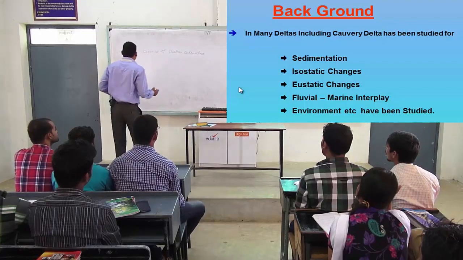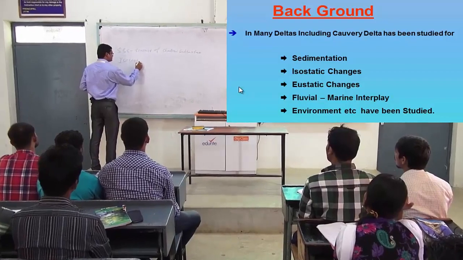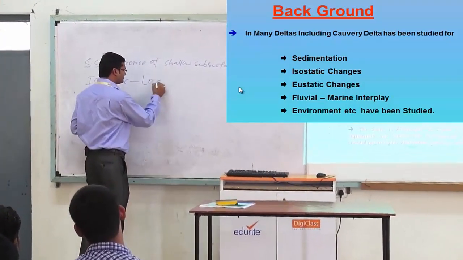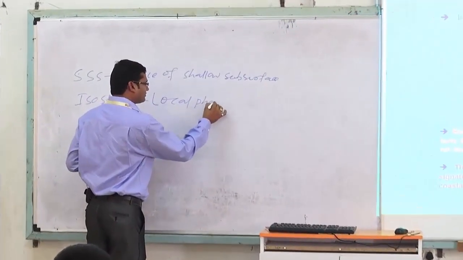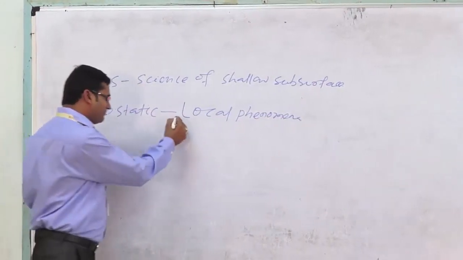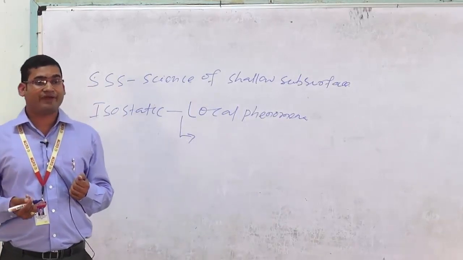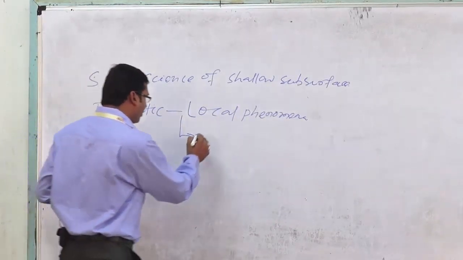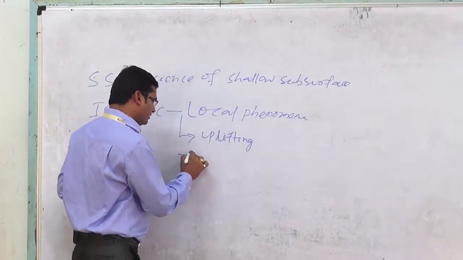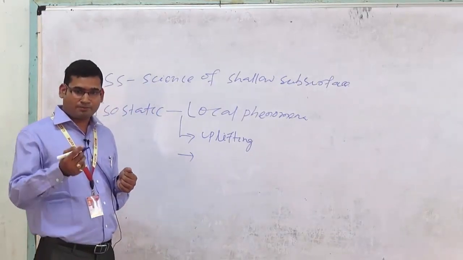Isostatic changes are a local phenomenon. In that local phenomenon there may be some physical factors, maybe due to uplifting or seismicity, that is, earthquakes occurring in that particular area.